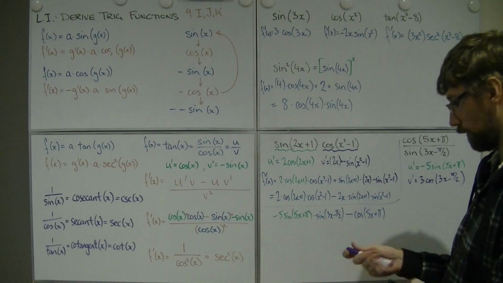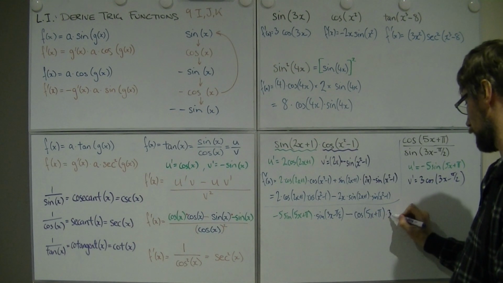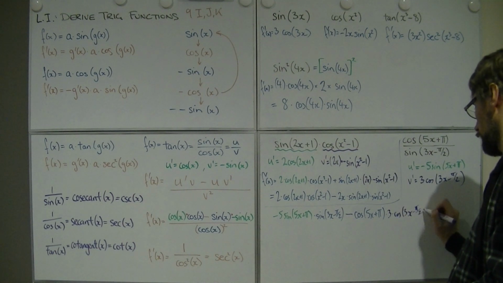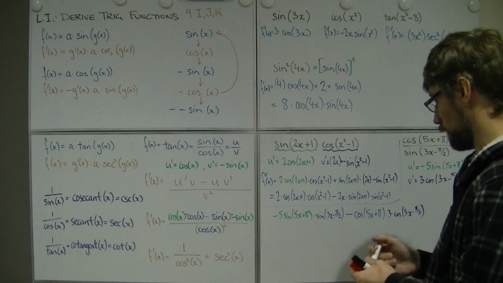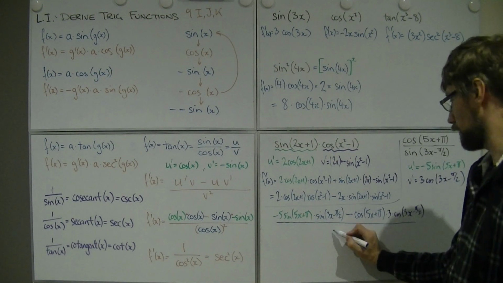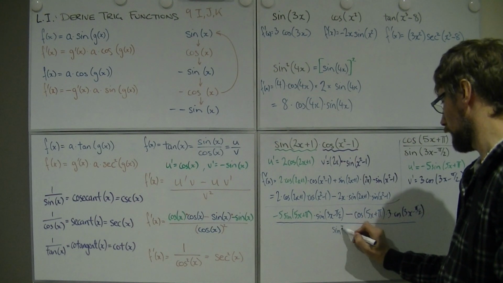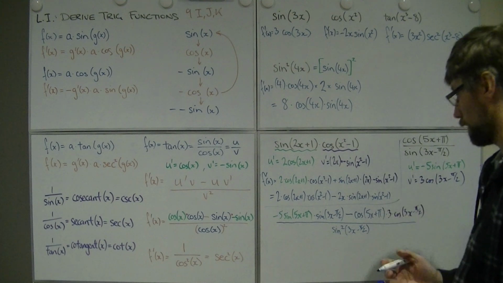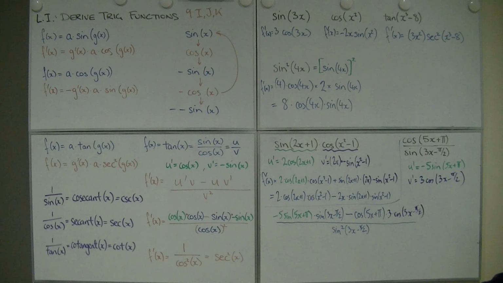Purple. V prime. 3 by cosine 3x minus pi on 2. And the party's not over yet. I've still got to go that whole thing over v squared, which I can write like so. Brilliant. Okay, can we neaten this up at all?